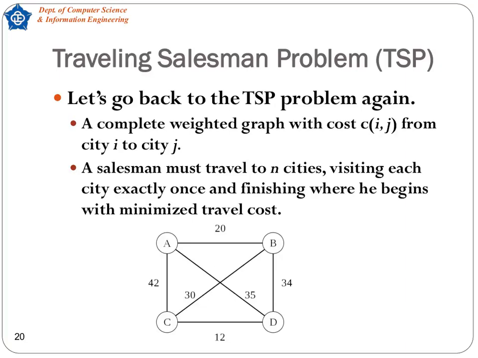In this example, the pairwise costs are AB 20, AC 42, AD 35, BC 30, BD 34, CD 12. Even with just 4 cities, the number of possible tours grows deceptively fast, showing exactly why pinpointing the optimal path can be so challenging.